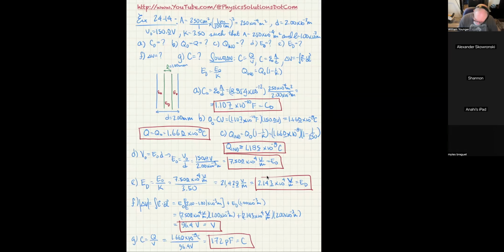If I take 172 picofarads, which is 10 to the negative 12th, and divide it by 110, 172 divided by 110, we see that we get 1.56.